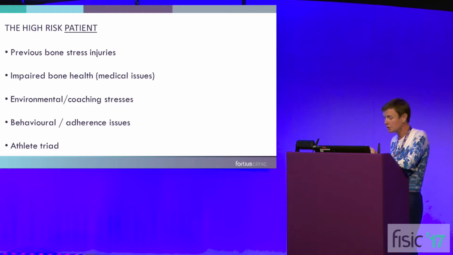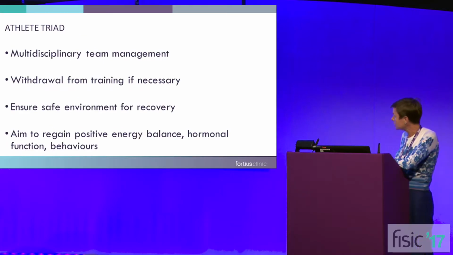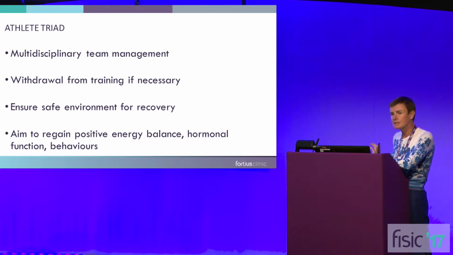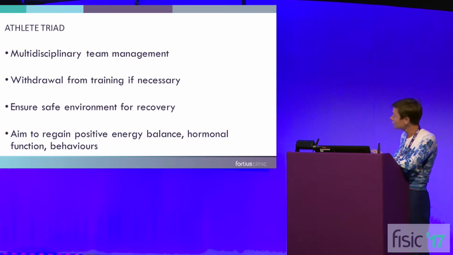That's a high-risk patient. And then obviously the broader topic of the athlete triad, which we don't really have any time to cover today, but they are a distinct group of individuals who need identifying because they will need much more intensive, holistic management of their health.